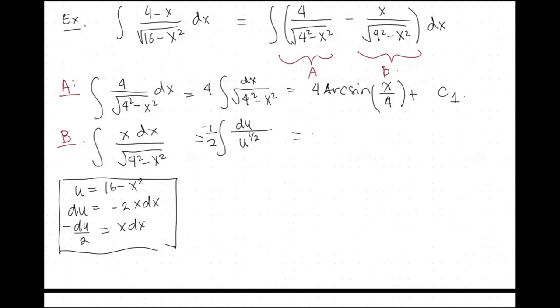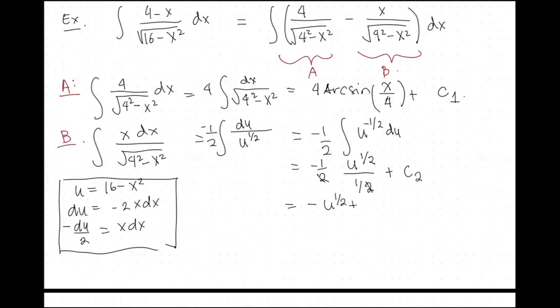So we have here negative 1/2 and then the integral of u raised to negative 1/2 du. Here we get negative 1/2, u raised to 1/2 plus 1 is 1/2, over 1/2 plus c. We simplify, this cancels with this. We have negative u raised to 1/2 plus, let's make this C2. So we have the negative of 16 minus x squared raised to 1/2 plus C2.